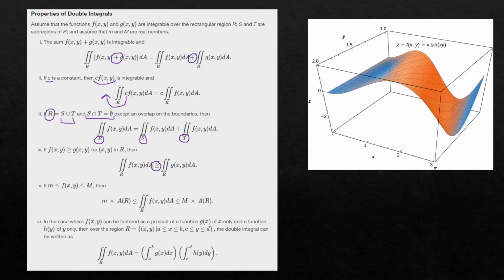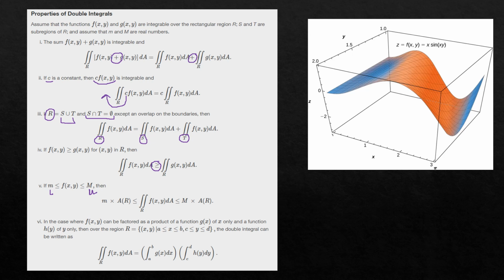Okay, and the fifth property says that if our function is bounded, so the underlying function that we're integrating is bounded by these two values. So let's say little m represents the lower bound, and then capital M represents the upper bound. So let me write it right here. This is lower, this is upper.